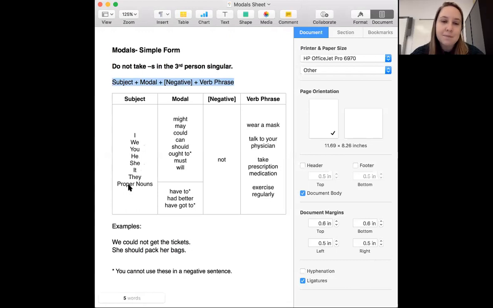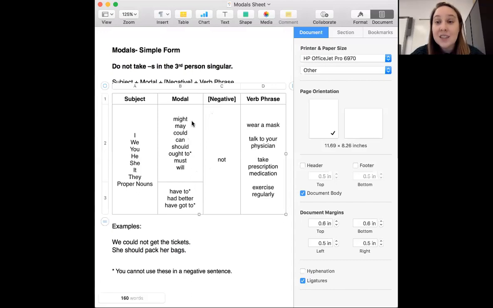And then the modals. So these are some examples of modals. Let's read through them. We have might, may, could, can, should, ought to, must, will, have to, had better, have got to. So all of these are our modals.